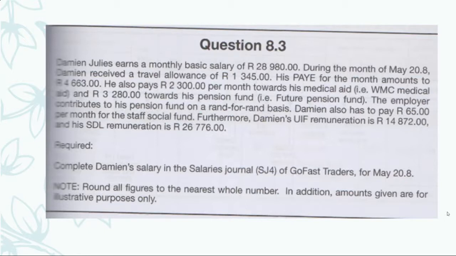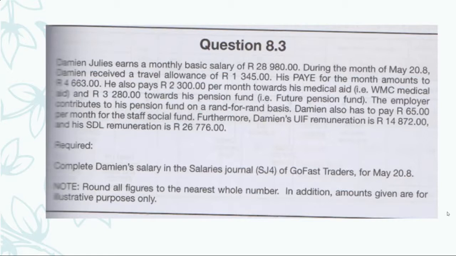The information they've given you is that Damien Julies earns a monthly basic salary of 28,980. That is the first thing you were supposed to see. They also tell you that during the month he received a travel allowance of 1,345 Rand. His pay as you earn for the month amounts to 4,663 Rand, and he also pays another 2,300 towards his medical aid fund, which is WMC medical aid.